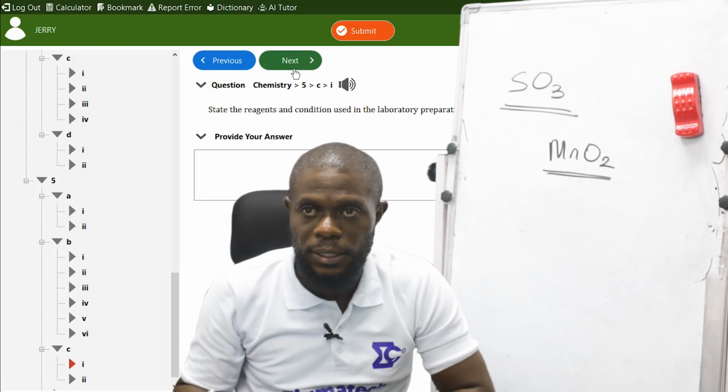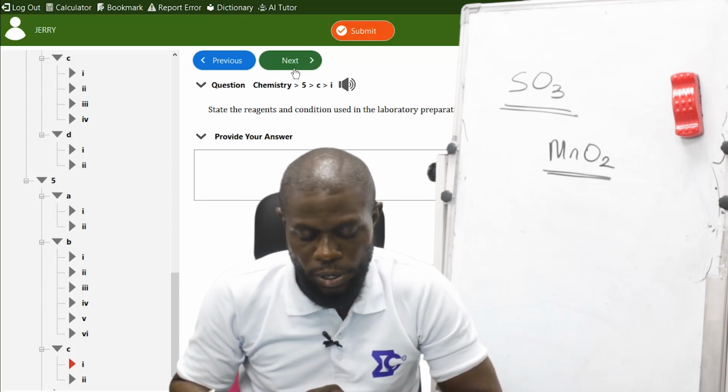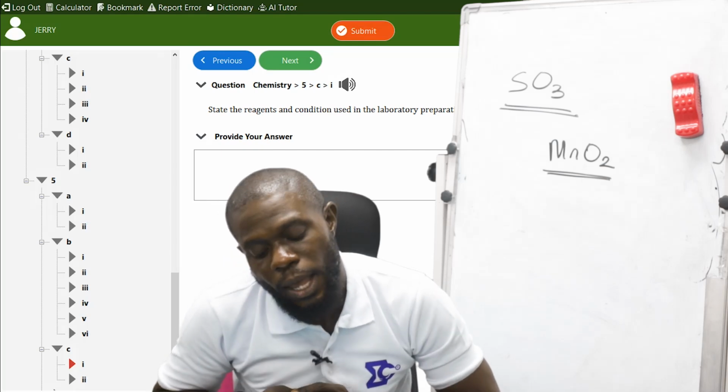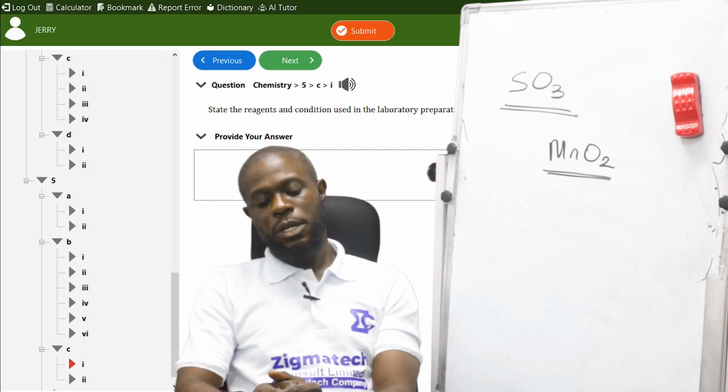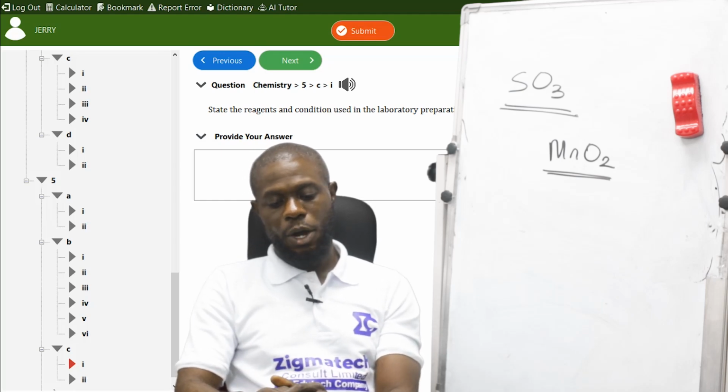These are the two reagents used in the laboratory preparation of chlorine. Now the conditions are heating, bleaching, and room temperature.